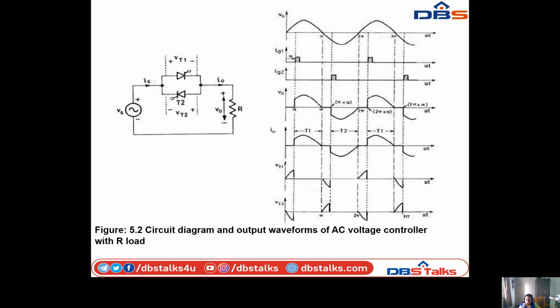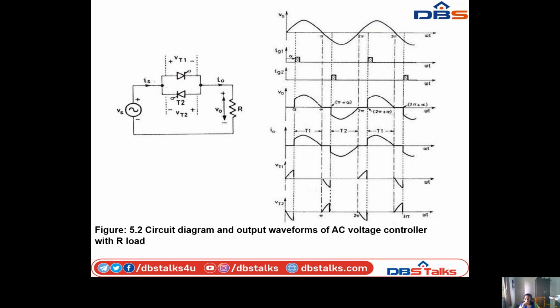Here the output voltage at the R load will be V naught and the output current will be I naught. The source voltage will be Vs and the source current will be Is.